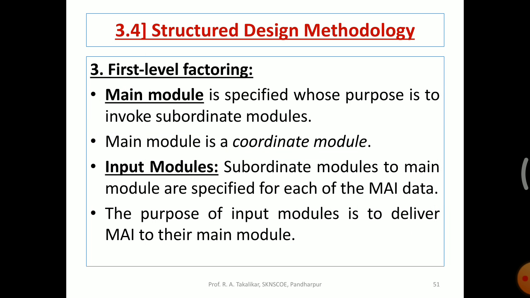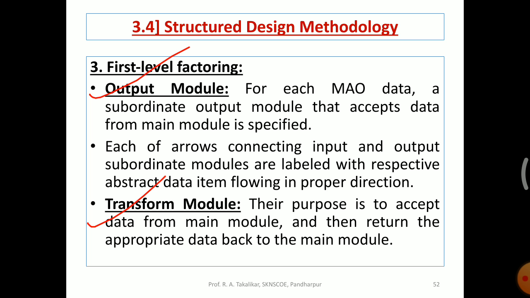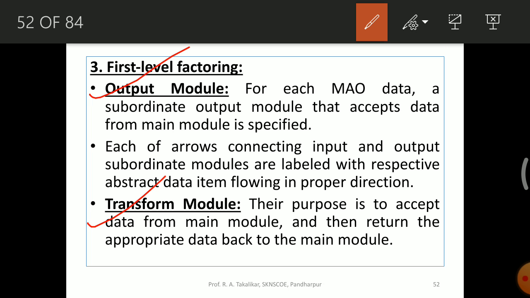Next, we have got output module. They are related to the MAOs. For each MAO data, a subordinate output module that accepts the data from the main module is specified. Means whichever number of MAOs are there, for each of these MAOs, a particular output module is created.